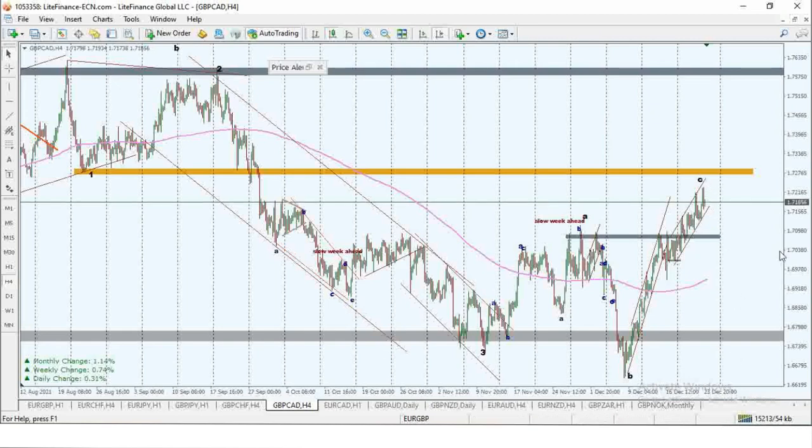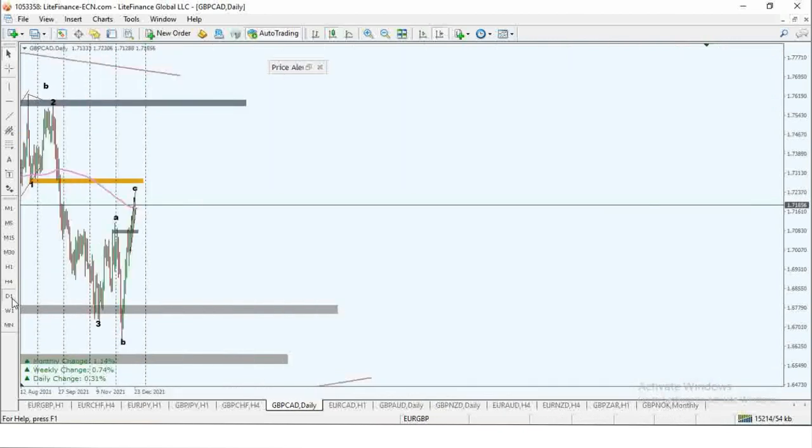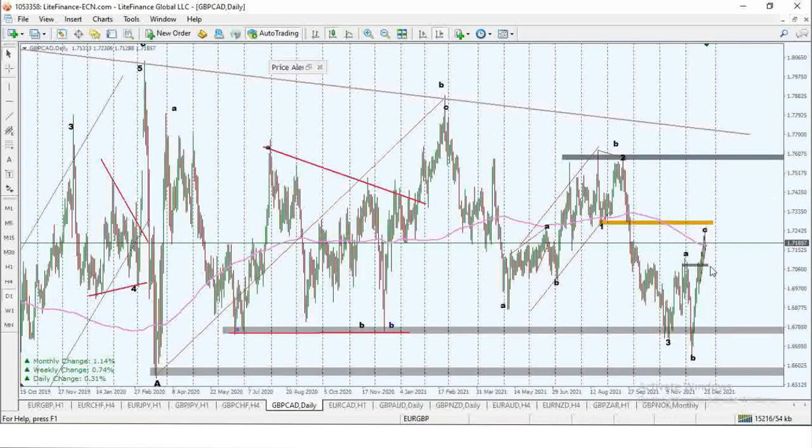This is an ABC. We have wave 1, 2, 3, A, B, possibly a C. Once price starts falling from this point here, we're looking at dropping back into downside, just maybe targeting this previous structure here.